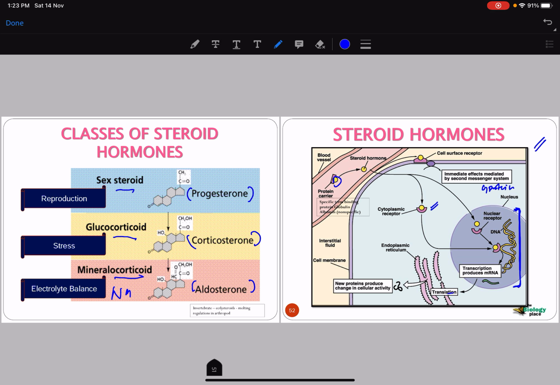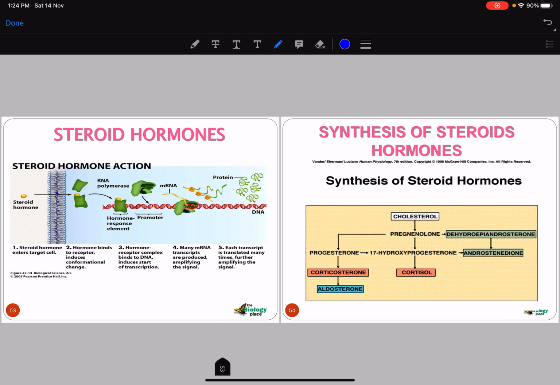It is transcribed, producing mRNA, and then translated at the endoplasmic reticulum, packaged in the Golgi apparatus, making a new protein. This new protein is actually the effect, producing a change in cellular activity. So same here, steroid hormone action.